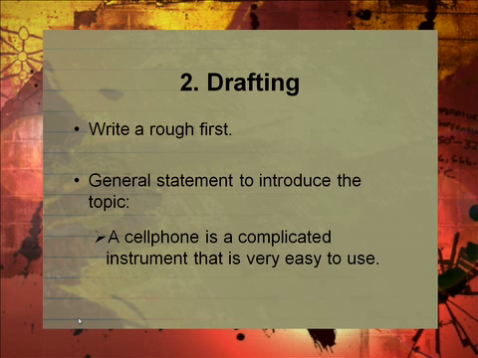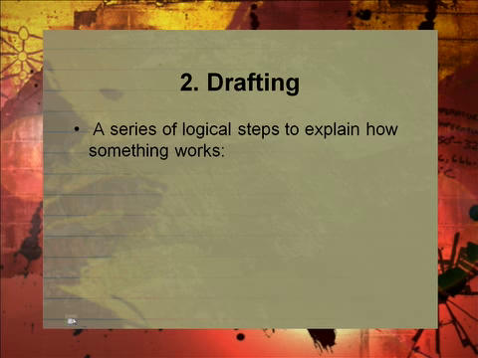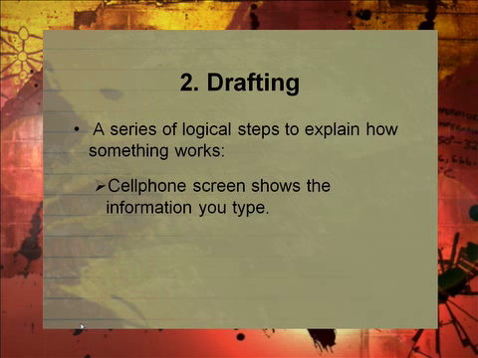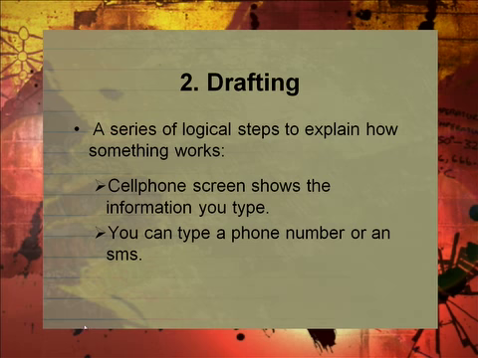Here's an example. A cell phone is a complicated instrument that is very easy to use. Then you need a series of logical steps to explain how something works. So we're talking about the cell phone. So you might write, cell phone screen shows the information you type. You can type a phone number or an SMS.